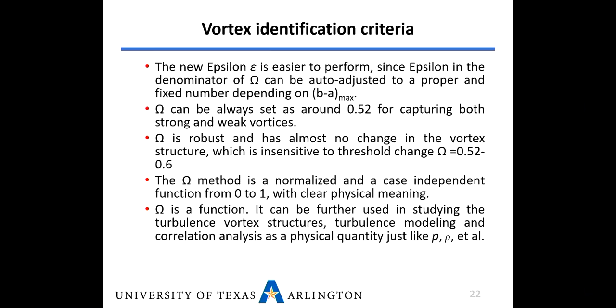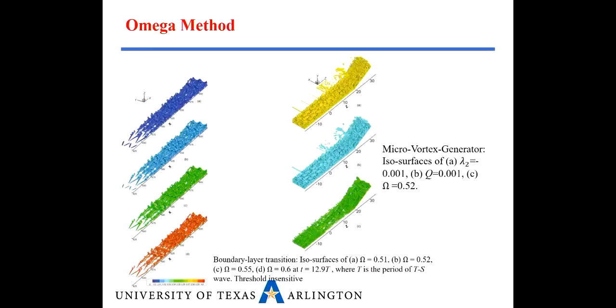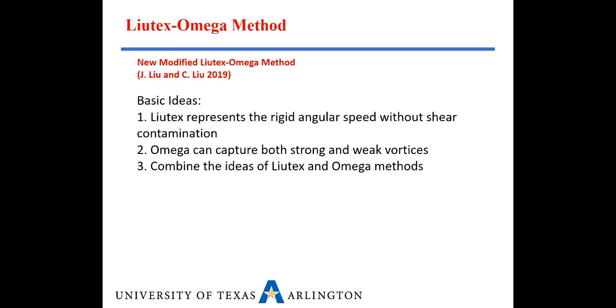That's why I recommend this. It is a beginning. With the omega method, we can see that this is much better than the Q method. Yeah, I believe. Yeah, and the next is the omega method. Well, you can say the Q omega method.